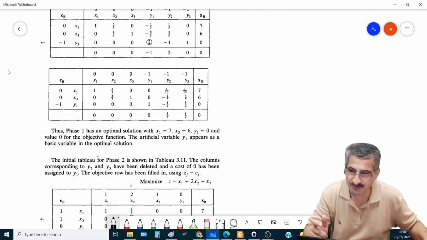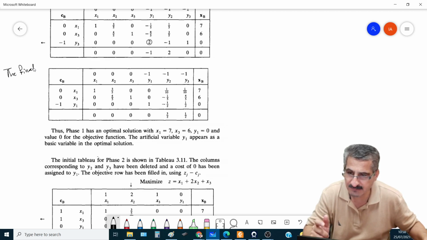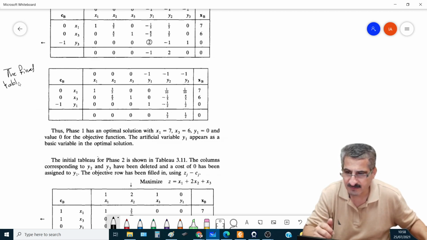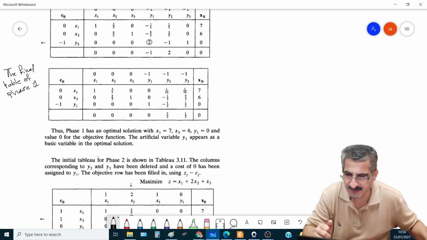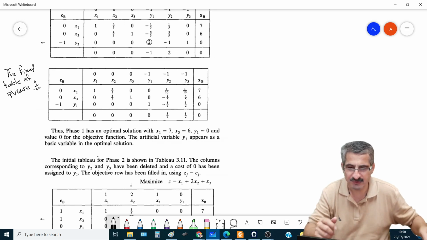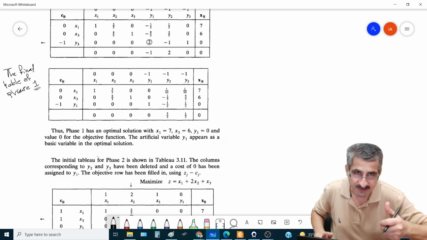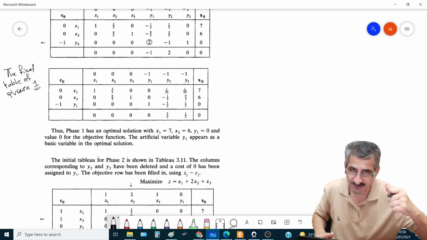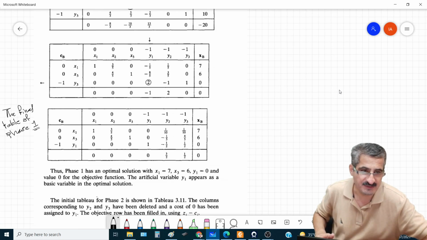So I will leave the computation for you to check out. This is the final table of phase 1. Now we want to use it to make the initial table of phase 2. Now what does it say?